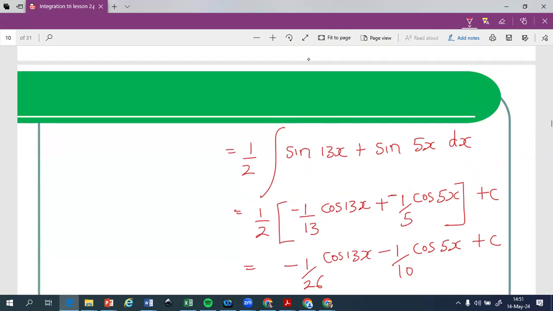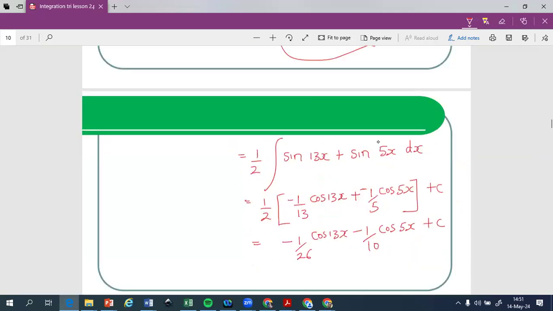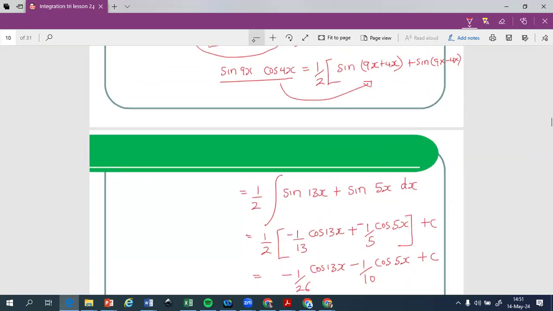So we can first write that. Let me minimize the screen. I think some people were on the other screen.